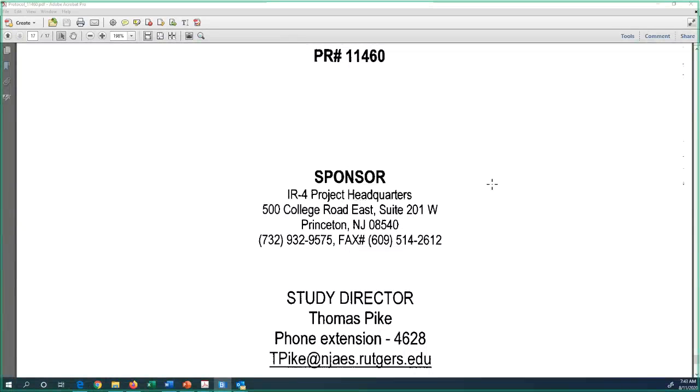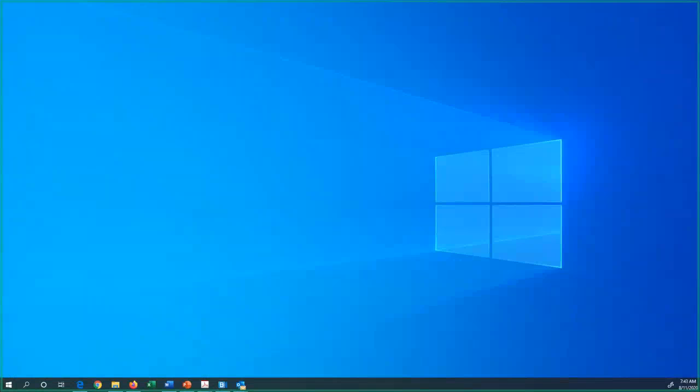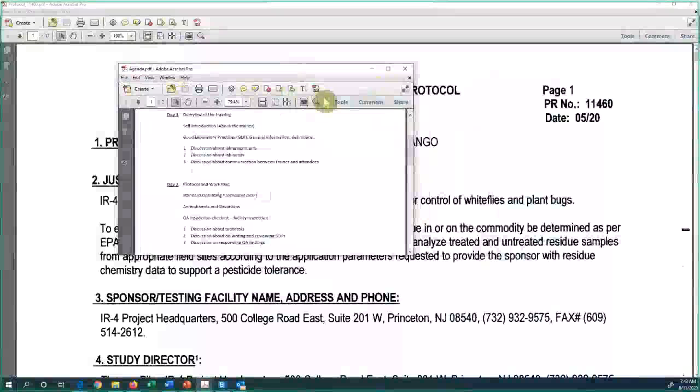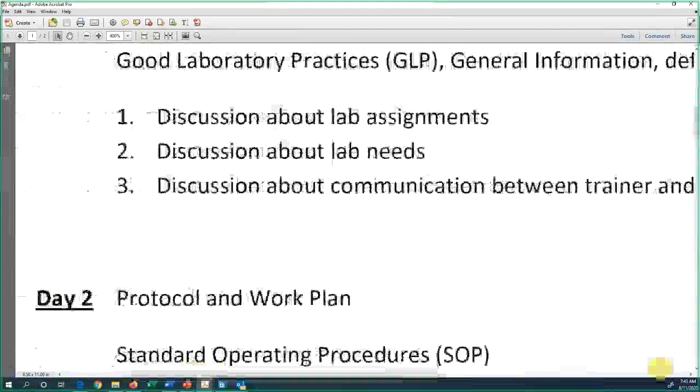Okay. Let's just go through the protocol, which in our agenda is there. Let me pull out the agenda. I'm pretty sure Michael emailed you the agenda. That's here. Can you see that? Yes, you can. Let me make this bigger. Day 2.